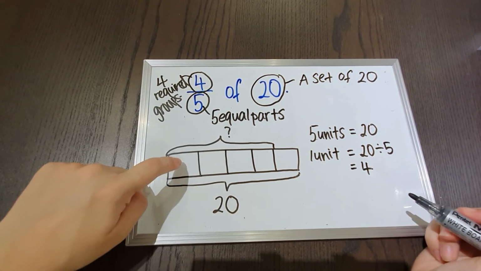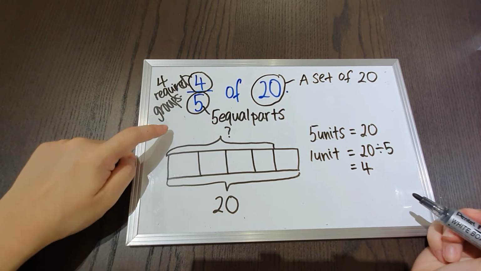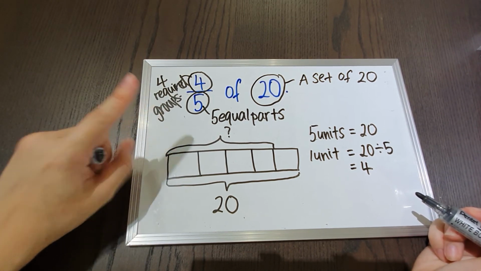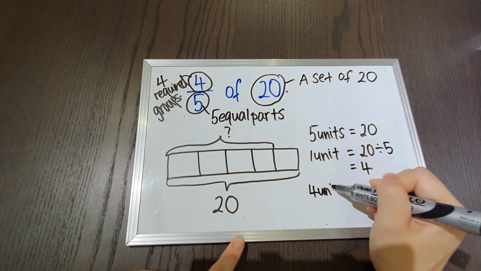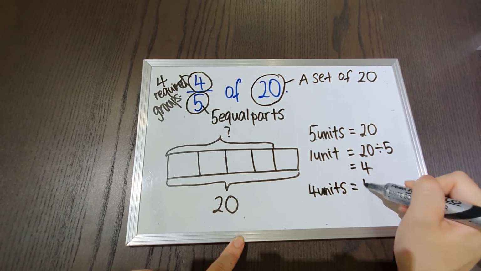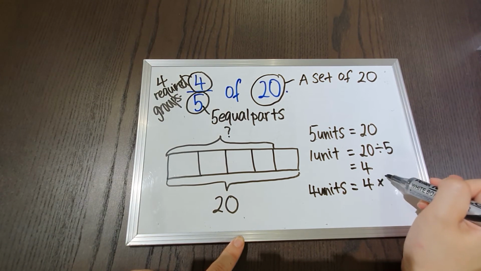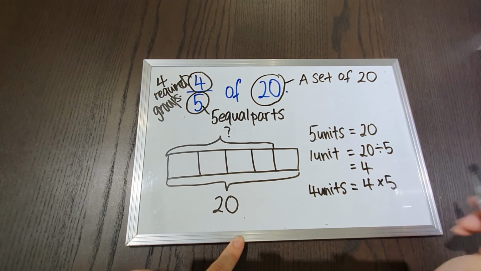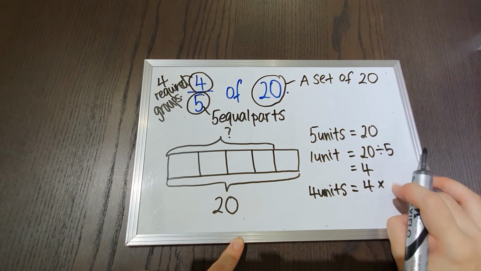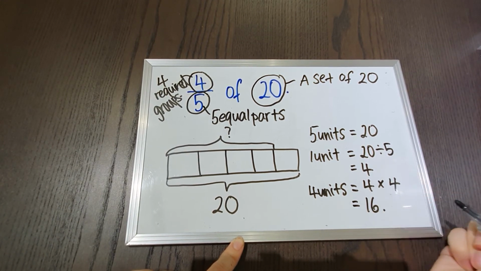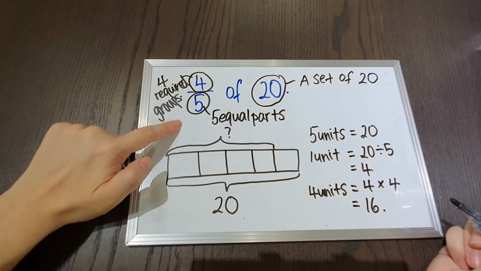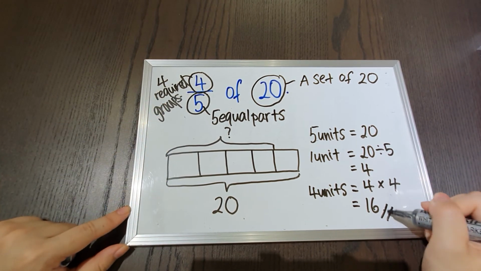So since I know that 1 unit is 4, 4/5 of 20 means I want to find 4 units. So I move on to find 4 units, which is 4 times 4 to give you 16. Which means 4/5 of 20 is actually 16.